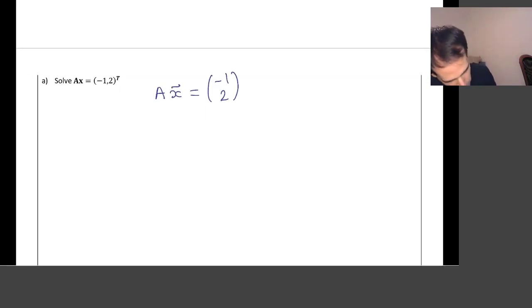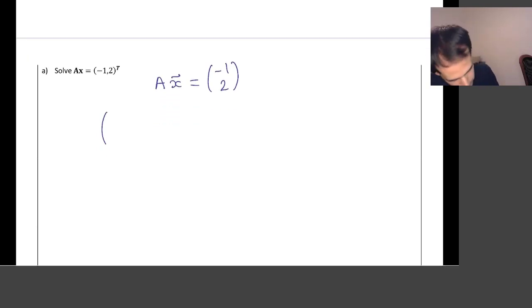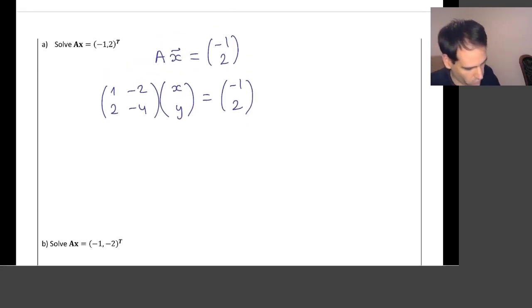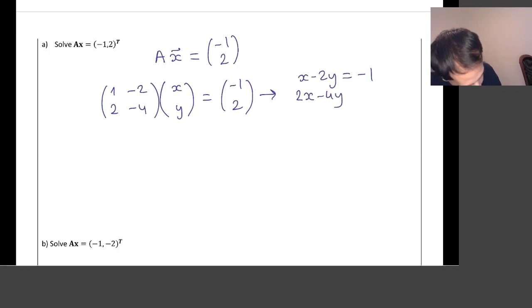Let's write down the equation, which is the matrix (1, -2; 2, -4) times vector (x, y) equals (-1, 2). So this is a system of two equations with two unknowns. So it's x minus 2y equals -1 and 2x minus 4y equals 2. We call this equation 1, we call this equation 2.